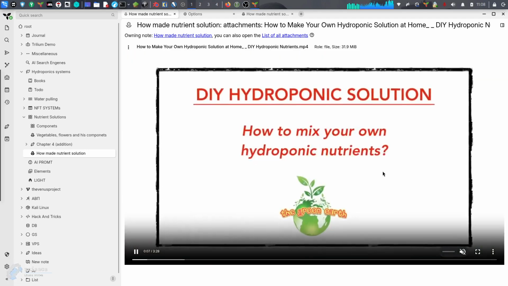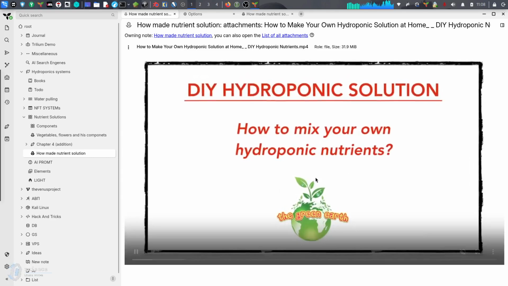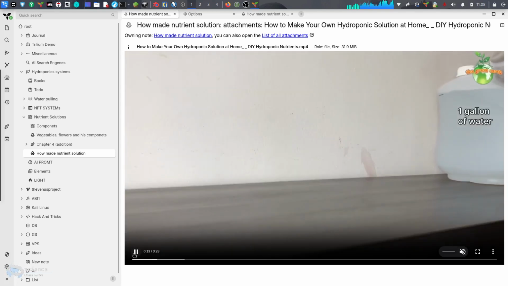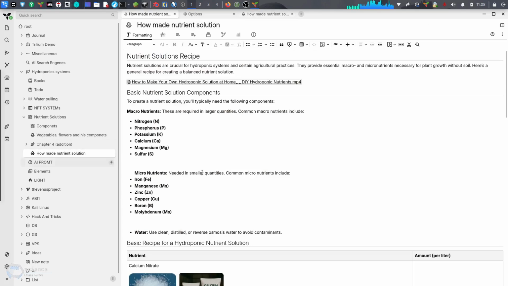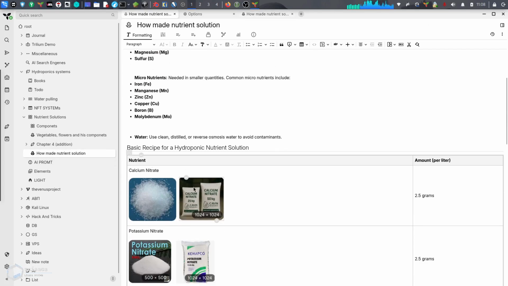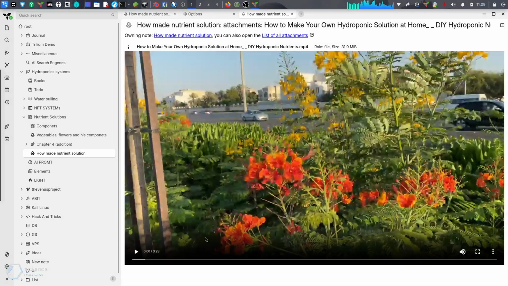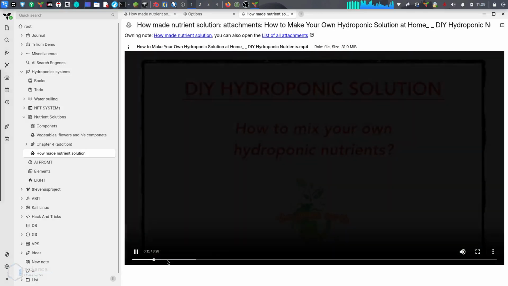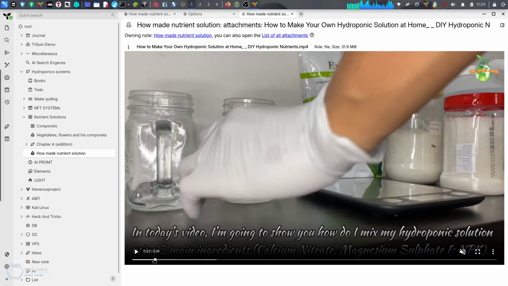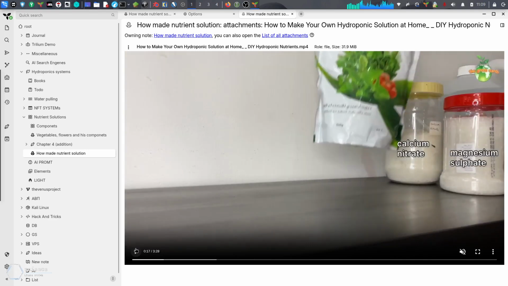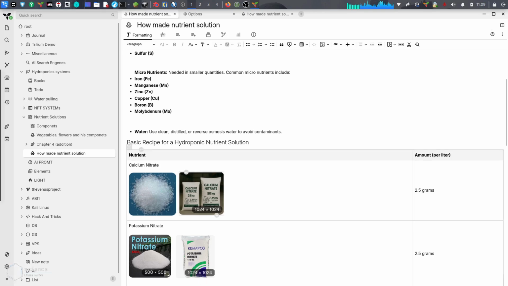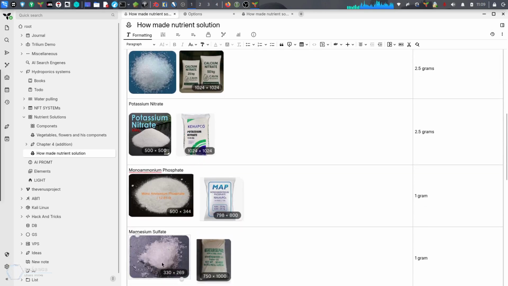See, he used 1 gallon of water, calcium nitrate, here, see, calcium nitrate. He used magnesium sulfate. See.